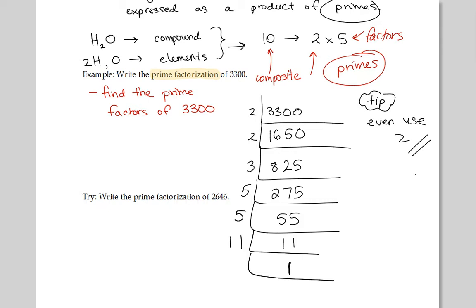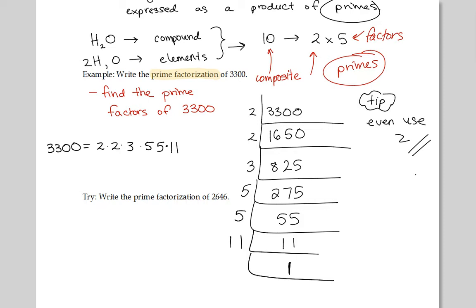Anyways, let's write all this out. 3300 is equal to 2 times 2 times 3 times 5 times 11. Do you guys agree with that statement? 2 5s, thank you very much.